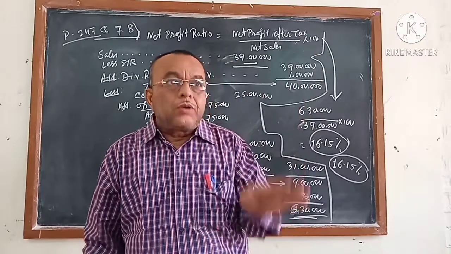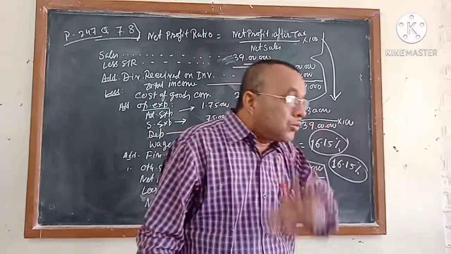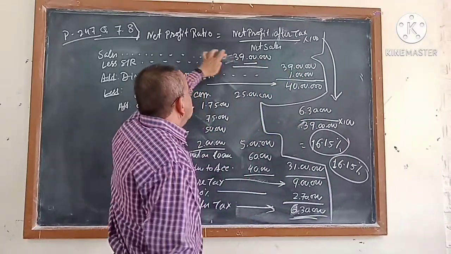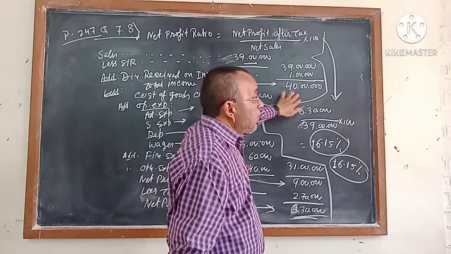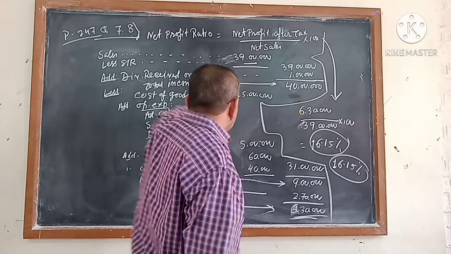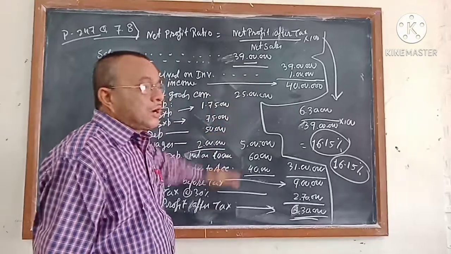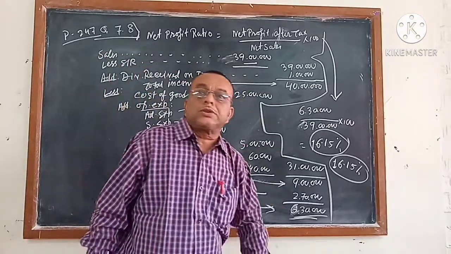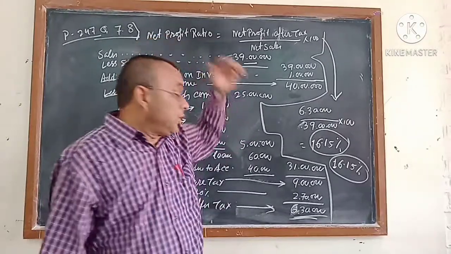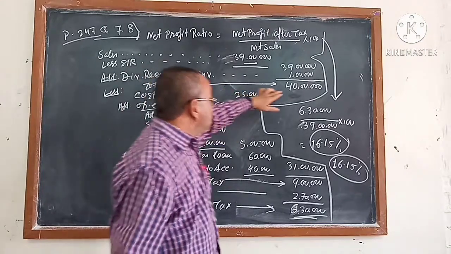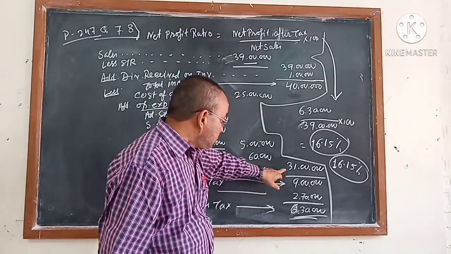So the trading account credit side and profit and loss account credit side are added first. So total income is coming 40 lakhs. And these are the expenses which are on the trading account debit side as well as the profit and loss account debit side. These two we added, and this is total income and this is total expense.